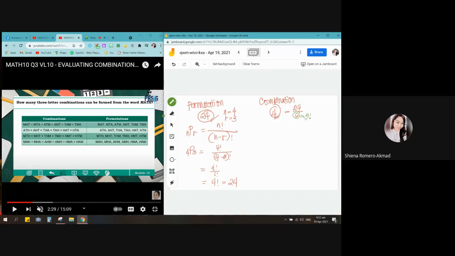Ano namang kinalaman ng 3 factorial? 3 factorial is our r. Okay, so if you are going to look at the formula for combination, yung combination natin for n taken r at a time is actually the permutation. Wait lang, ayusin lang natin yung representation. So we have combination of 4 taken 3 at a time. Saan nanggaling si 24? Si 24 ay nanggaling sa permutation.